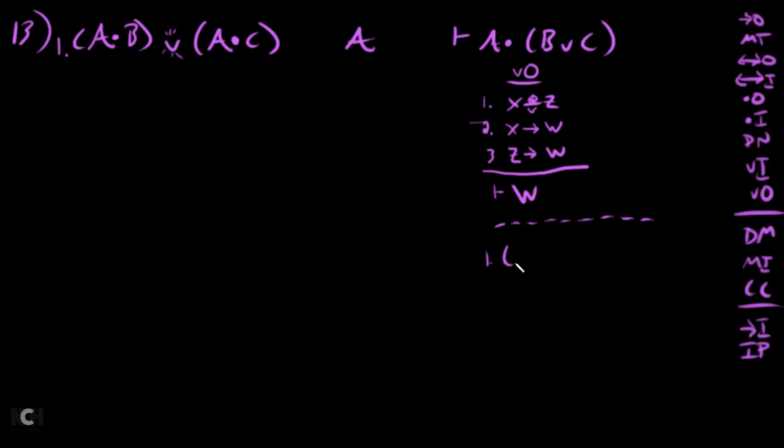What do we got? We got A dot B wedge A dot C. So what's going on here is this A dot B corresponds to X in the model. And this A dot C that I have down here corresponds to Z in the model.